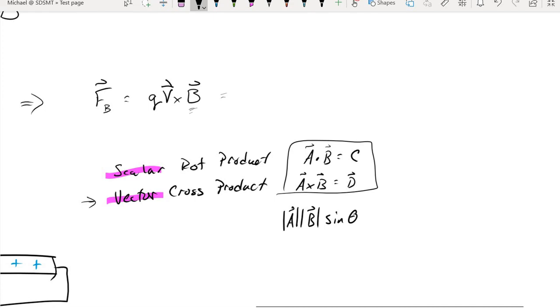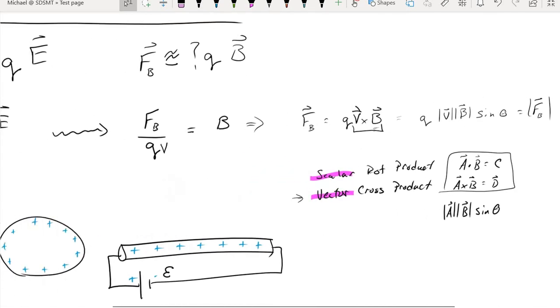But up here, B is the magnetic field, and so one way that we can evaluate this cross product is to take the magnitude of each vector multiplied together with the value of the charge times the sine of the angle that exists between the two vectors. So V and B. And that will tell me the magnitude of the magnetic force that is acting on that charge.